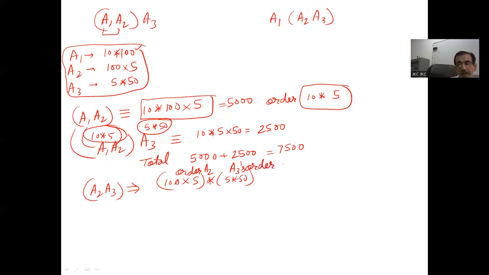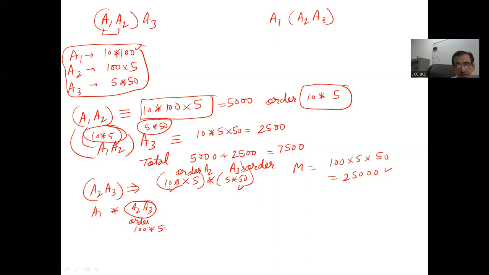So the number of multiplication steps will be equal to 100 into 5 into 50. That means 25,000. Later, A1 to be multiplied with this group, A2, A3. A2, A3 order will become 100 into 50.